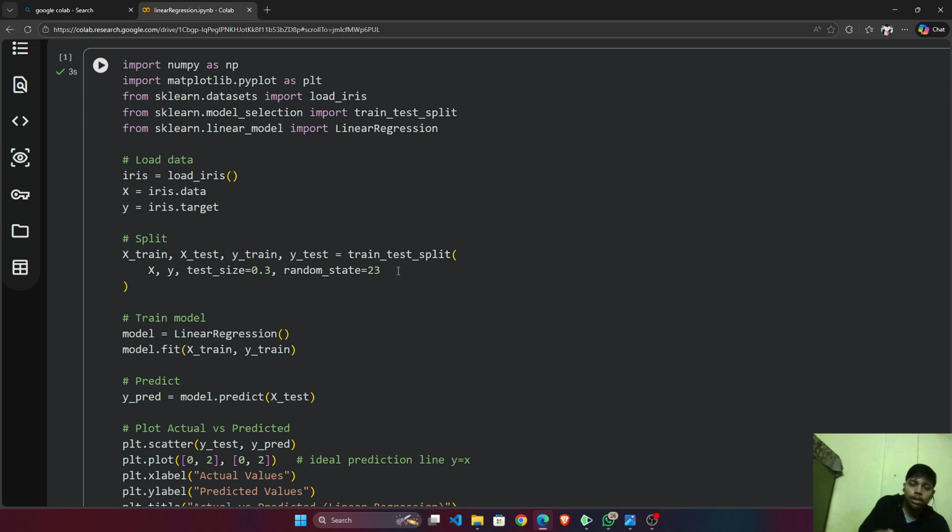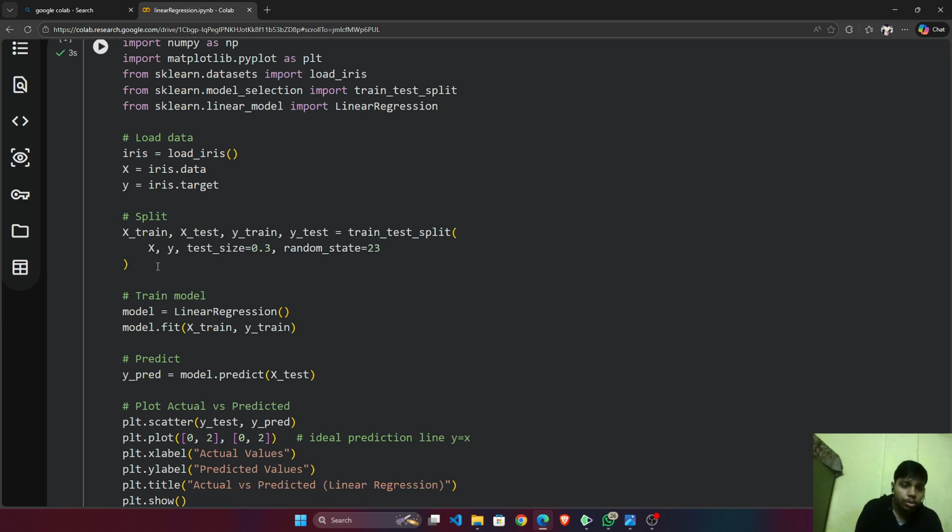This helps us split the data set into two parts as well as the target with it. The test size is 0.3, which means testing data will be 30% and training data will be 70%. Random state is 23, which means the pattern of randomization will be 23.